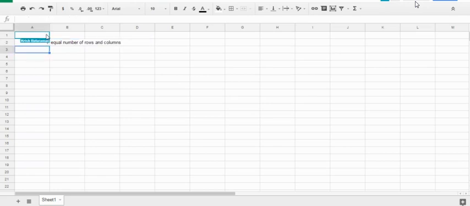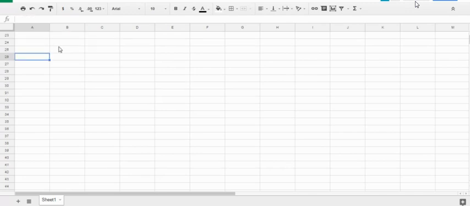Okay, so guys, we are doing the assignment question, and we are using the Hungarian method right now. In the Hungarian method, the first step is to check whether the number of rows and number of columns are equal or not. If they are equal, then we will move to step 2.